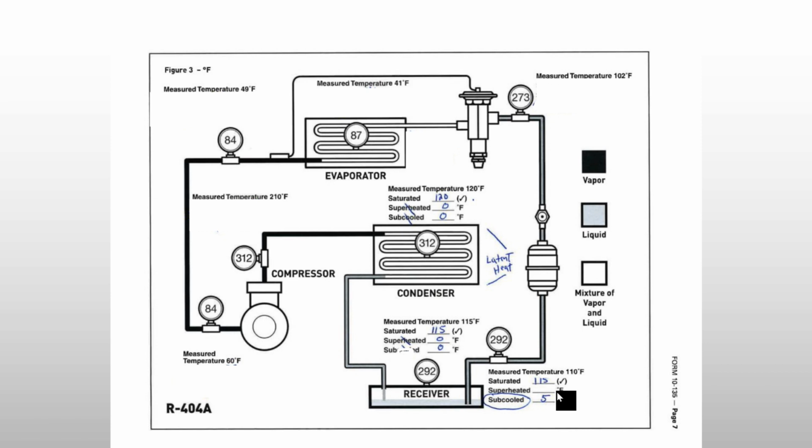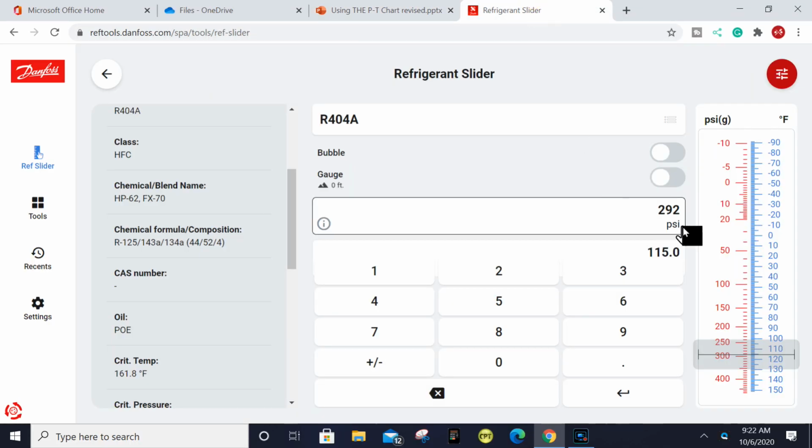We go down a little bit further in the system, right, and we have 273 psi. So we have to take that 273 psi and convert it to temperature. So 273, convert it, and that equals 110 degrees. And we're going to stay in the bubble because we're on the liquid side.